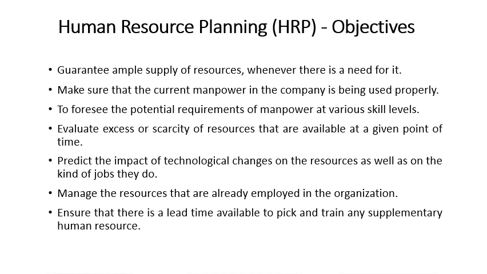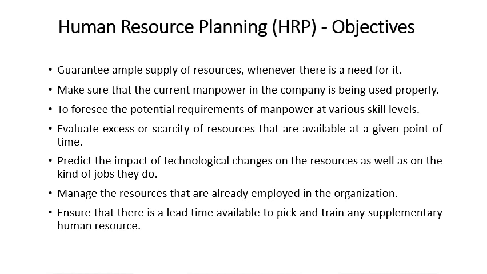Now another objective is to make sure that the current manpower in the company is being used properly. The human resource planning process will ensure this. That means there is no scarcity of human resource, and no excess of human resource in an organization.